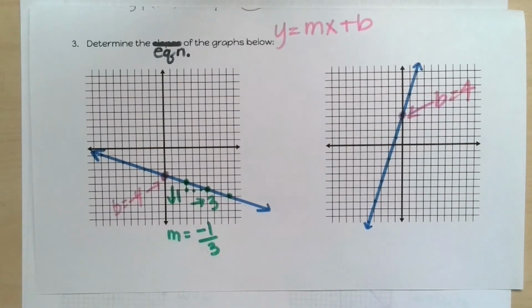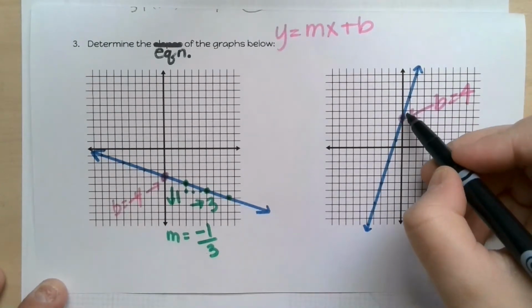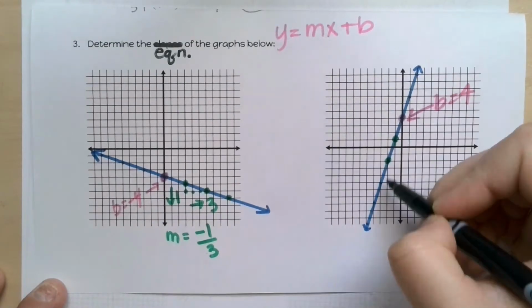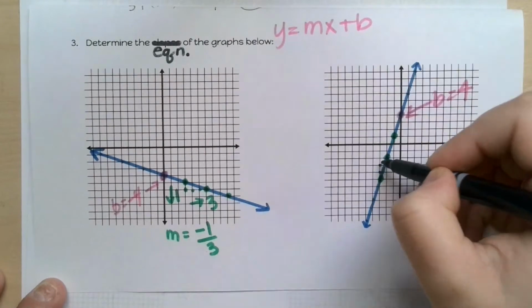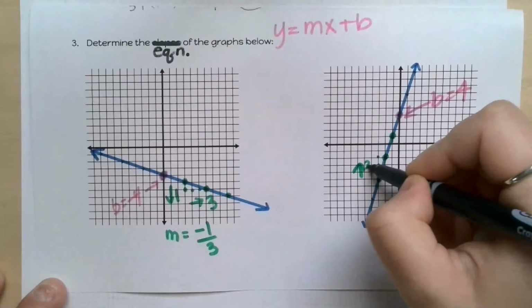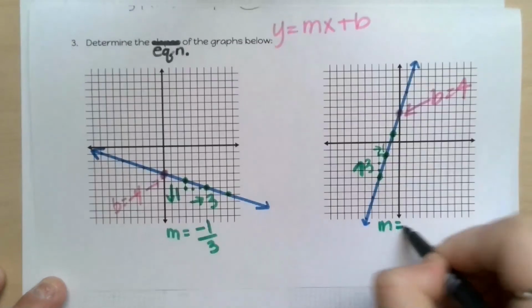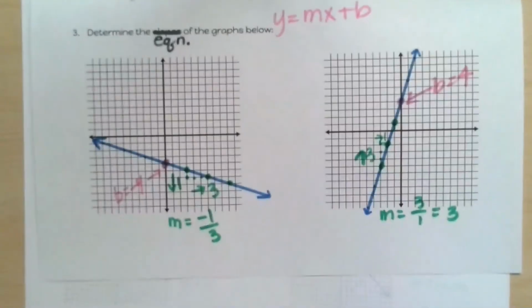Alright, we'll go find our slope over here, where we want to find points that hit perfectly in the corners. Found some points there. So this time we go up 3 over 1. So our slope is 3 over 1, which is just 3.